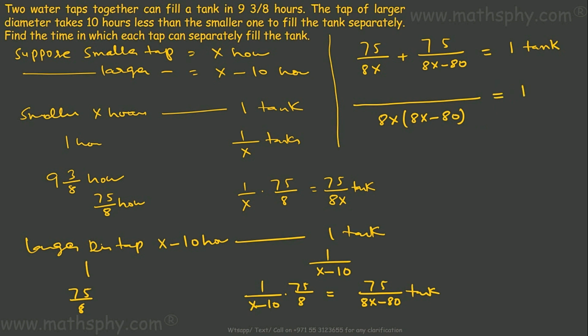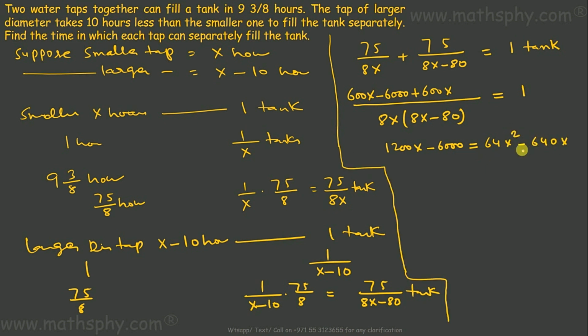This gives me 600x minus 6000 plus 600x equal to 1. So this will be 600 plus 600, which means 1200x minus 6000 equals to, this goes this side, this will be 64x squared minus 640x.